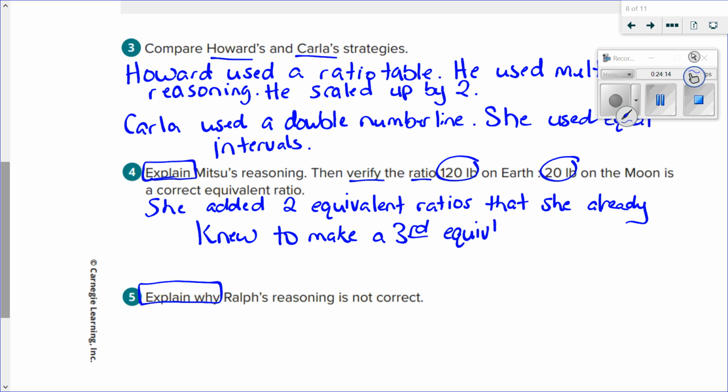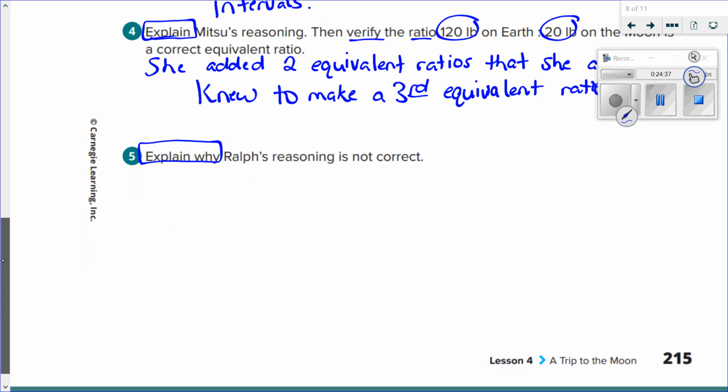You should be getting this on your paper if it is not there. And I guarantee you, most of you did not use all of these words. All right, and explain why Ralph's reasoning was not correct. What did he do that was not correct? He used additive reasoning instead of multiplicative reasoning.